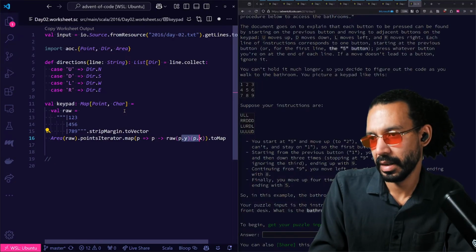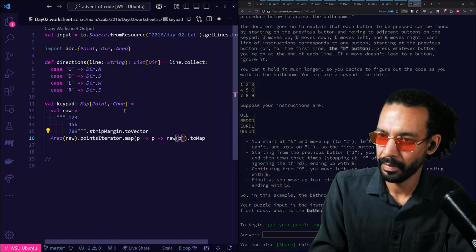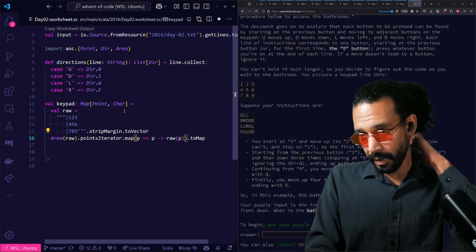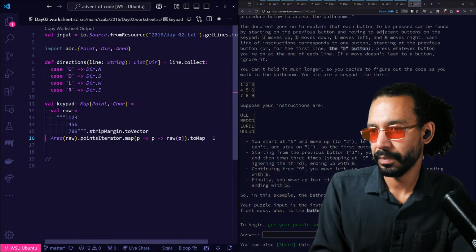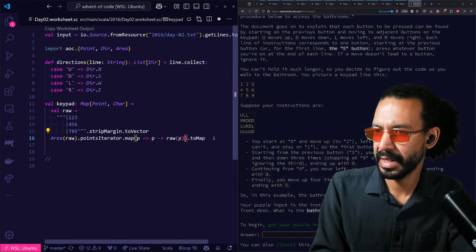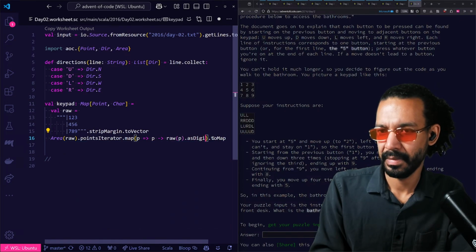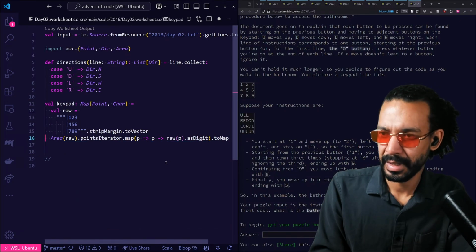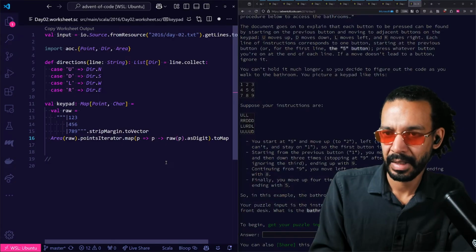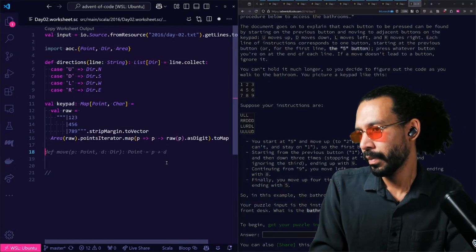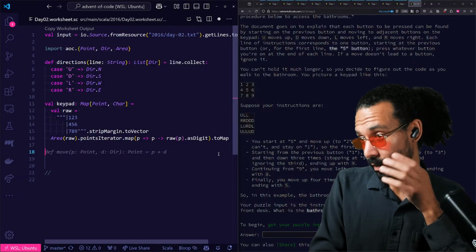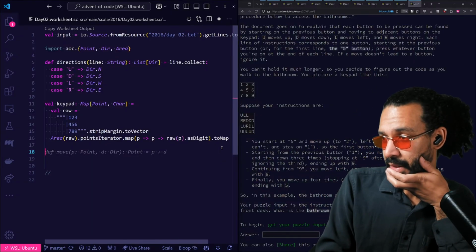Great. P to raw P as digit. Turn that character into digit. And then that whole thing becomes map. Okay. And I guess movements.